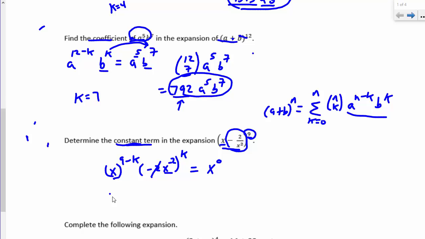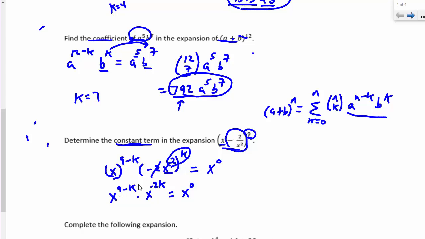It'll come back momentarily. So I have basically x to the power of n minus k, and I'm going to multiply this by x to the power of negative 2 times k. So it's negative 2k. And this is going to equal x to the power of 0. Now the rule is when you're multiplying variables of the same base, you're going to add the exponents.